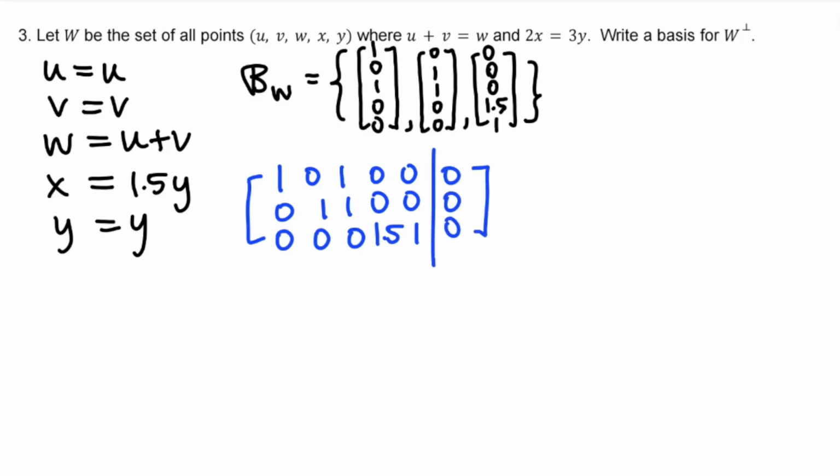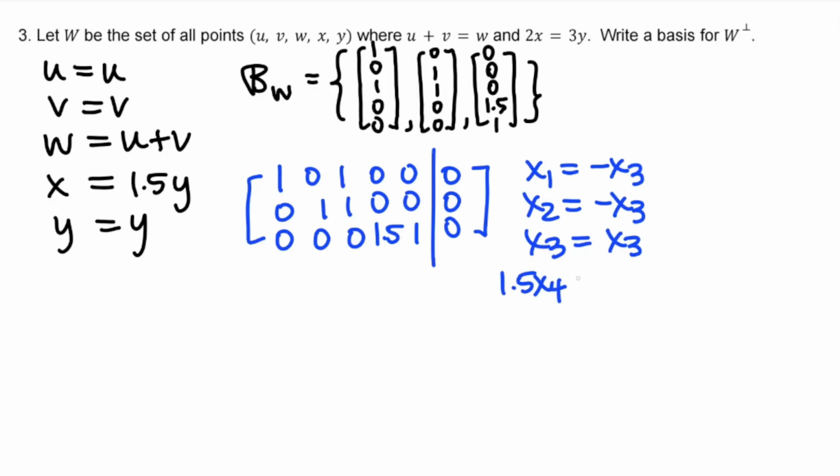I'm just going to solve this equation for x4 and make x5 the independent variable.